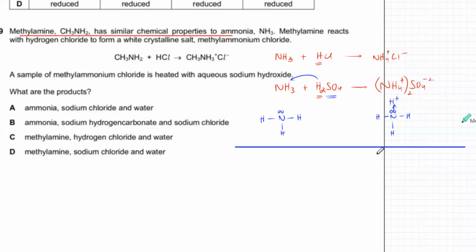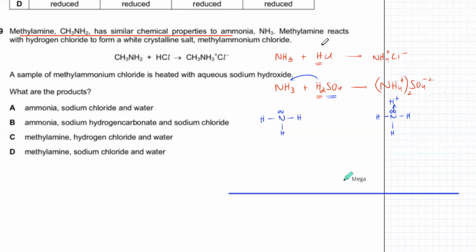No matter what the acid is, whether it's HNO3, HCl, H2SO4, whatever the acid is, even if it's an organic acid, like a carboxylic acid, you're going to get the same thing. Like if you have ammonia reacting with, let's say, ethanoic acid.